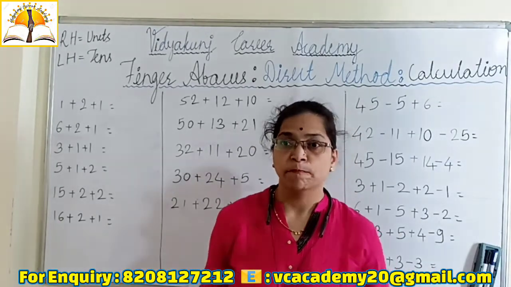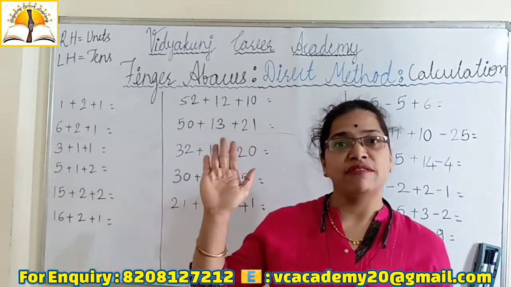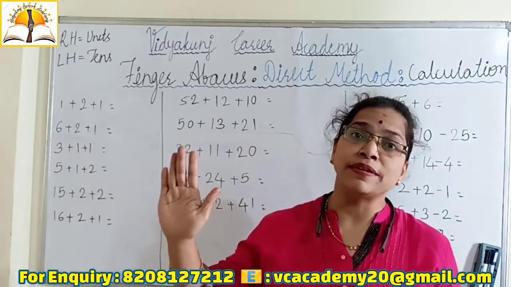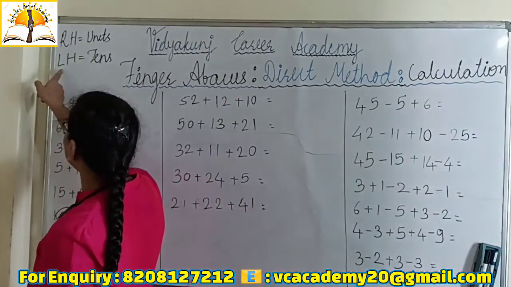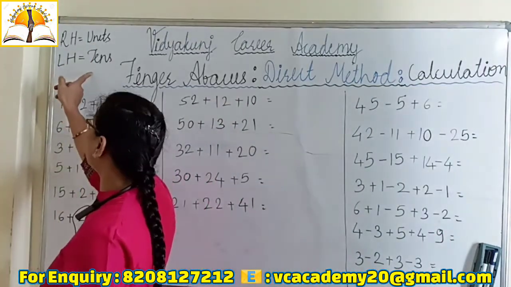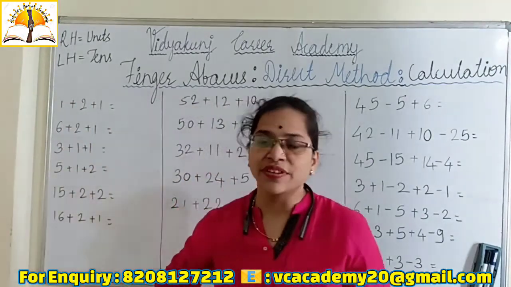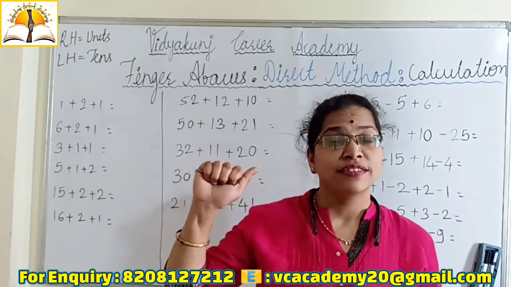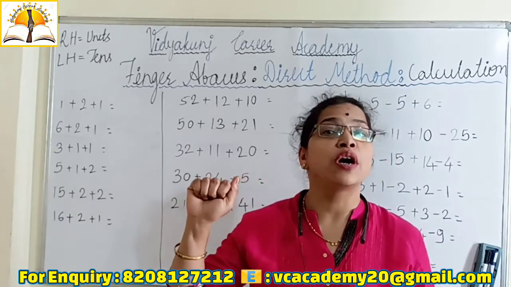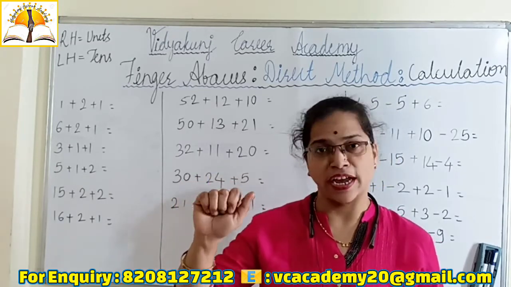Now, right hand. Right hand represents units numbers. I have written here RH means units, LH means left hand, and the left hand represents tens numbers. With the right hand we have to count 0 to 9.